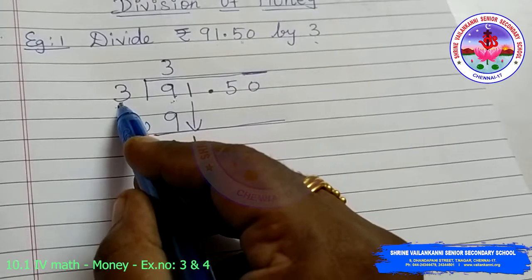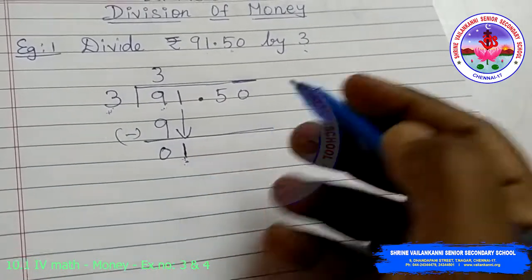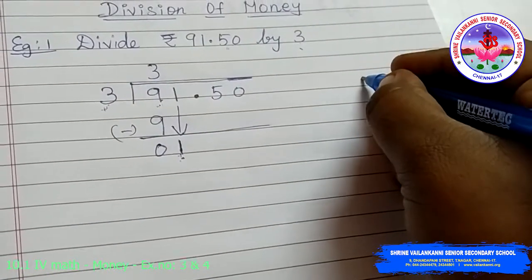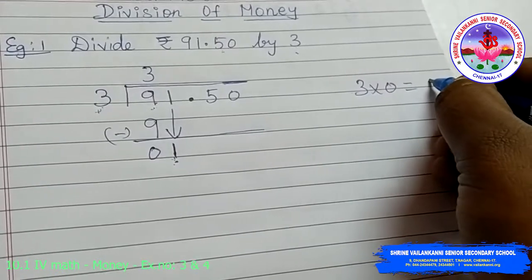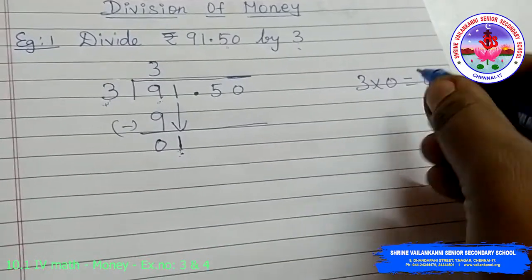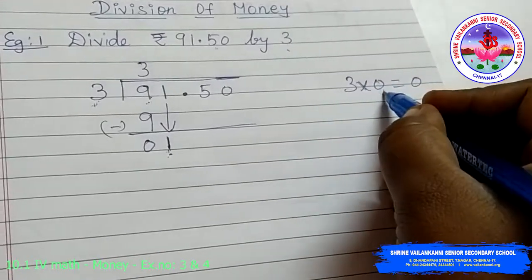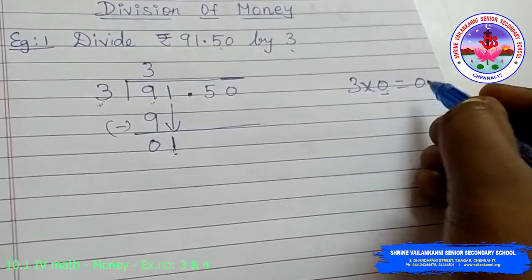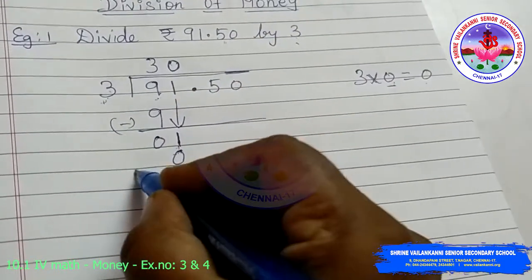The divisor is bigger and the dividend is small, so we can use the property 3 into 0 is equal to 0. Any number multiplied by 0 gives 0, no? So 3 zeros are 0.